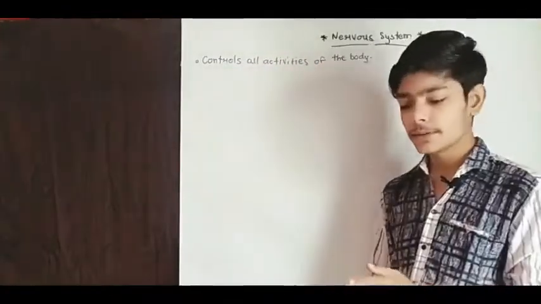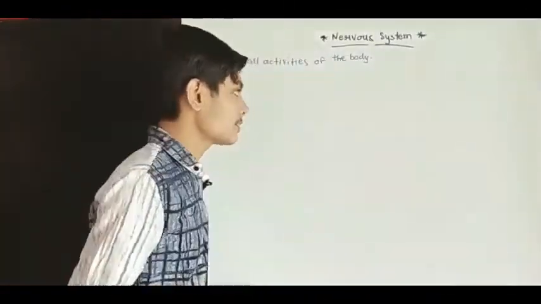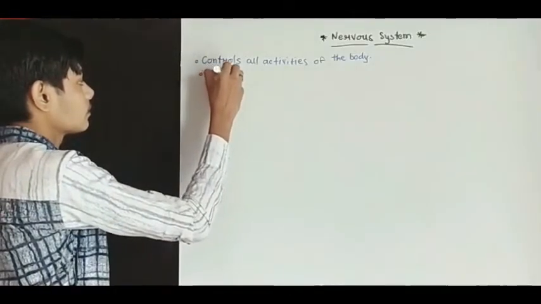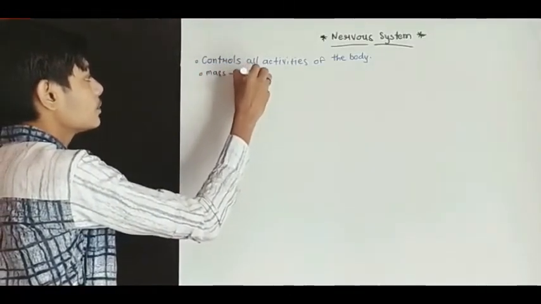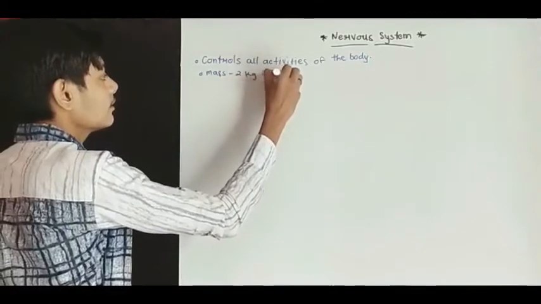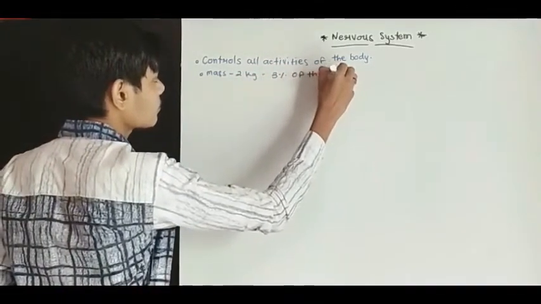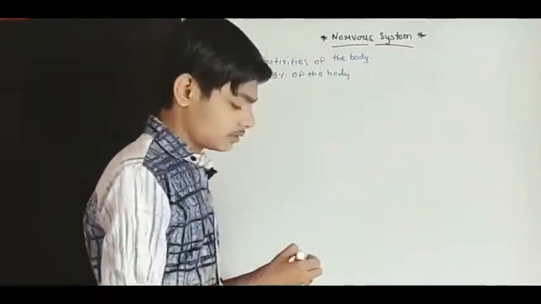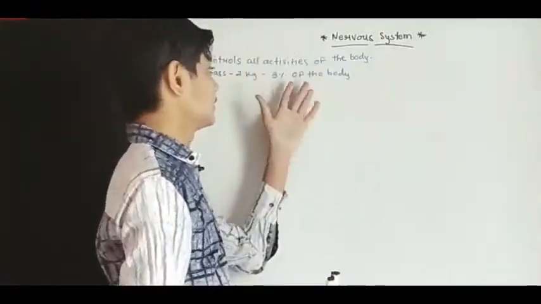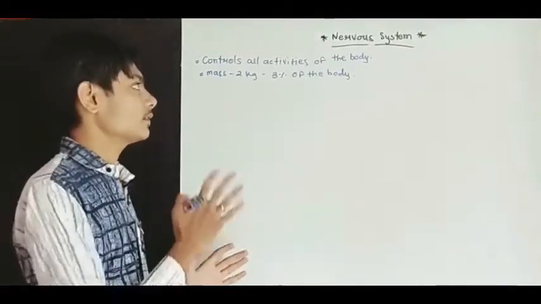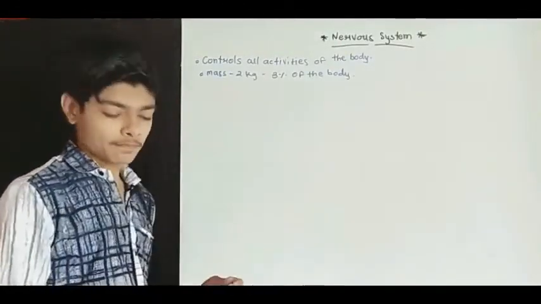Means mass થી ભલે નાનું હોય. ફર્સ્ટ આપણે જોઈ લઈએ એનો માસ છે only 2 kg, which is only 3% of the body mass. So આમ ભલે એ નાની સિસ્ટમ છે, બટ ફંક્શનની દ્રષ્ટિએ બહુ કોમ્પ્લેક્સ સિસ્ટમ છે.